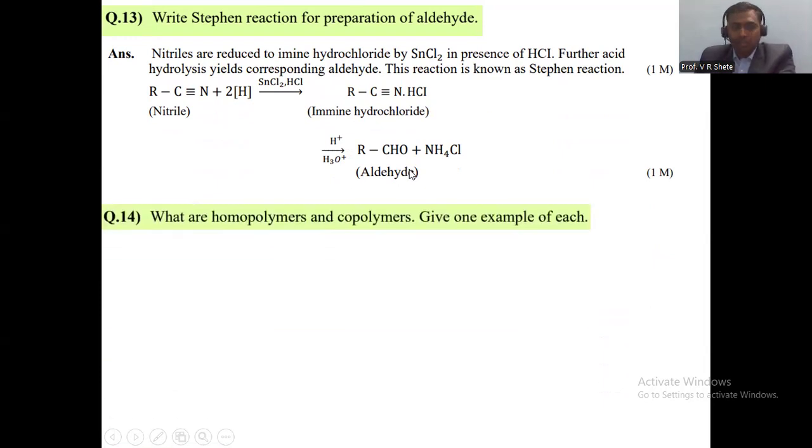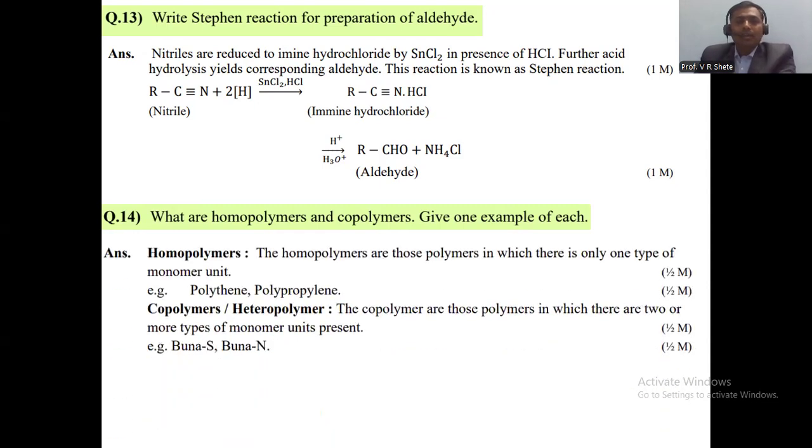Next, 14 number question. What are homopolymers and copolymers? Give one example for each. Homopolymers are polymers in which there is only one type of monomer unit, like polythene.